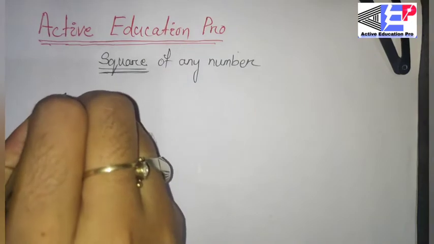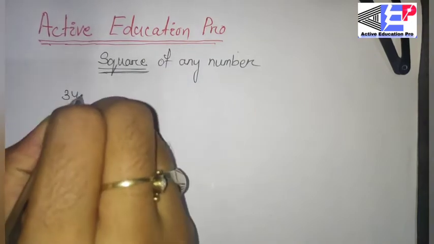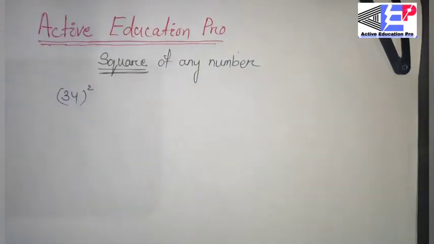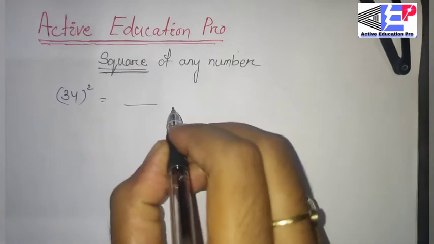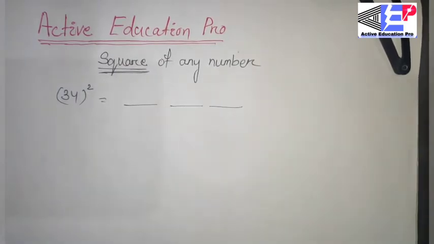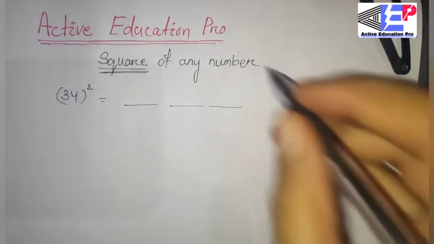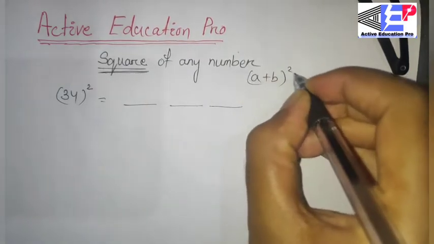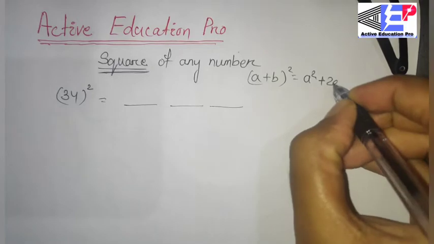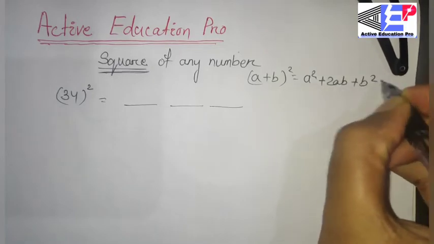Suppose we have to find the square of 34. Here you take the 2-digit number 34, and you need to take 3 parts. As you know, there is a formula: (a plus b) whole square is equal to a square plus 2ab plus b square.